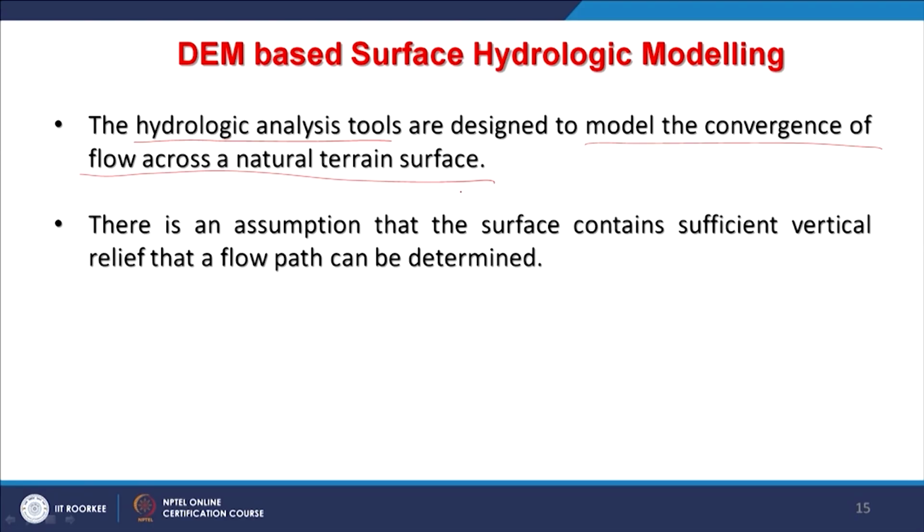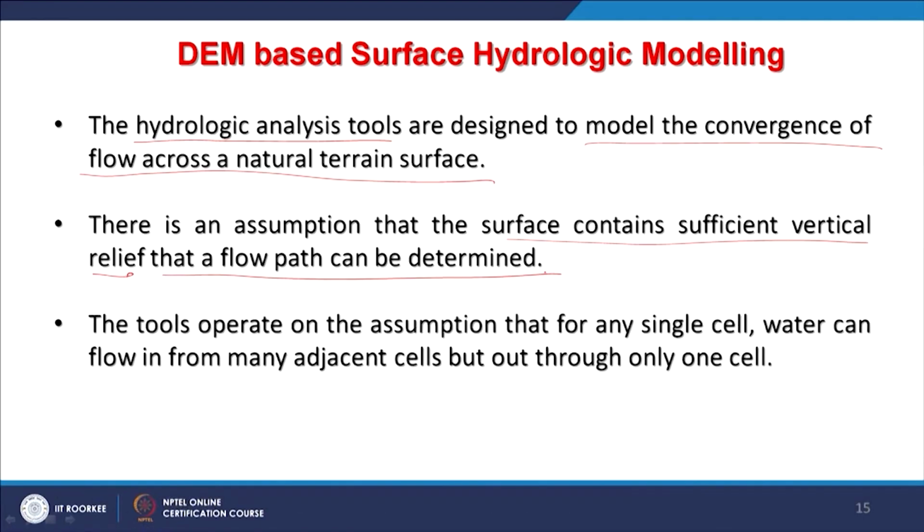And the assumption, which I have already mentioned, is that the surface contains sufficient vertical relief that a flow path can be determined, that whatever is falling in the form of precipitation has to flow, and it will create its own path in the form of a drainage network. And these software tools operate on the assumption that any single cell can receive water from many adjacent cells, but water flows out through only one cell.